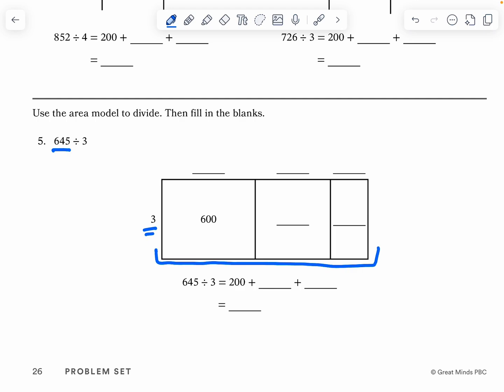They put 600 in the first square, which leaves us 45 left to divide in between the two groups. So I'm going to put 30 in this block and 15 in this one. So that 600 plus 30 plus 15 equals 645. 600 is easily divisible by 3. 30 is easily divisible by 3. And 15 is easily divisible by 3.